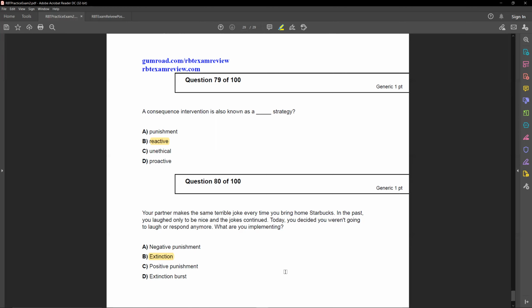And for it to be punishment, we have to be able to add something. So that would be like they bring home Starbucks, they make a joke, and you say something mean to them, right? As a form of punishment, you're adding something. Or again, if you took away their Starbucks in response, that's punishment, which is negative punishment. But we're not doing that. We're just not giving reinforcement. And when you stop reinforcement for a previously reinforced behavior, that is extinction.